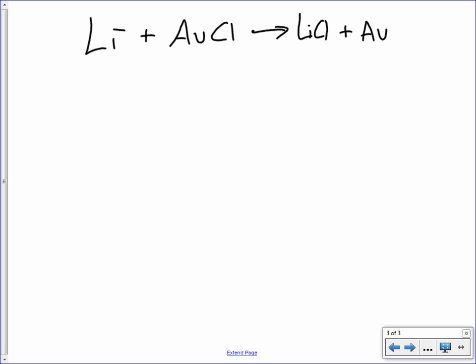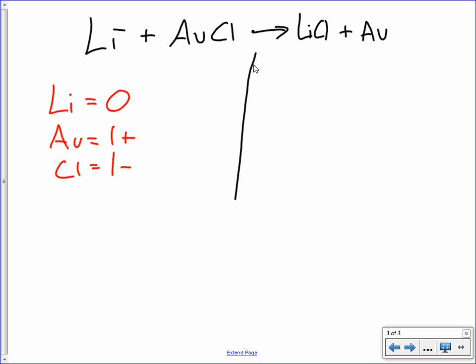So first step, again, identify oxidation states. So we can do that really quick. The oxidation state of lithium equals 0 here because it's an elemental form. Okay, and we have gold and chlorine. All right, gold's transition. So let's look at chlorine first. We know it's a 1 minus, so gold has to be a 1 plus.